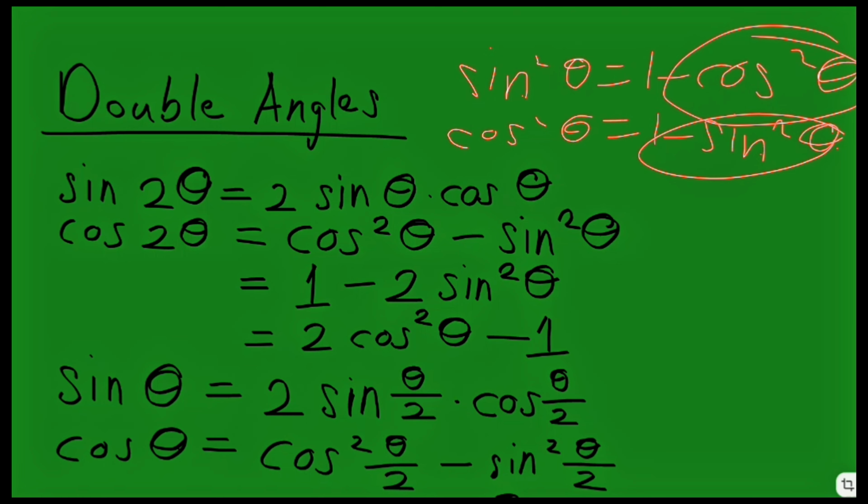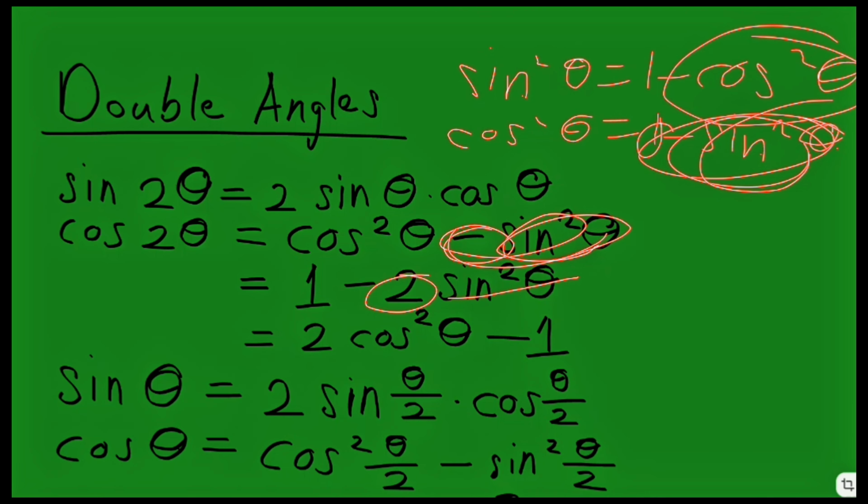So where we saw cos, we replaced it by 1 minus sine squared theta. And that's how we got to 1 minus sine squared theta minus sine squared theta. It gave us negative 2 sine squared theta. And that one right there is this one right here.